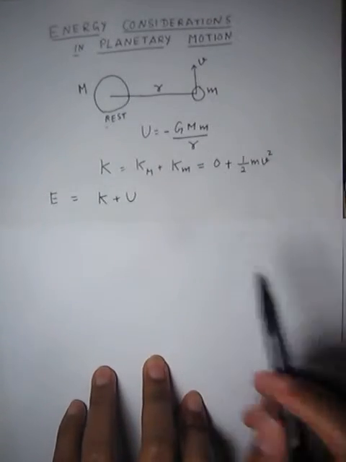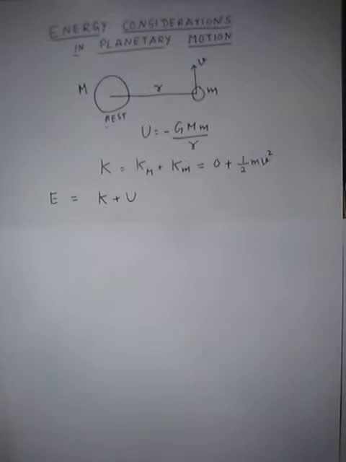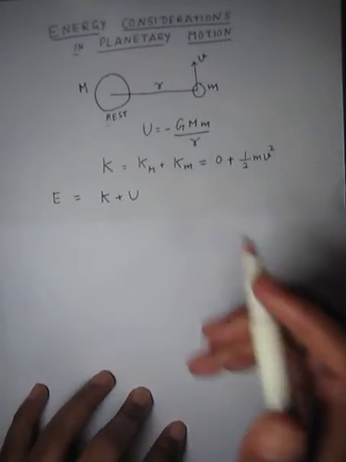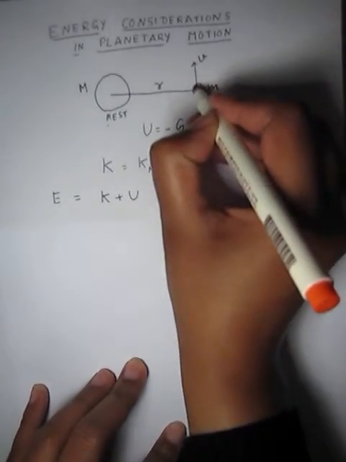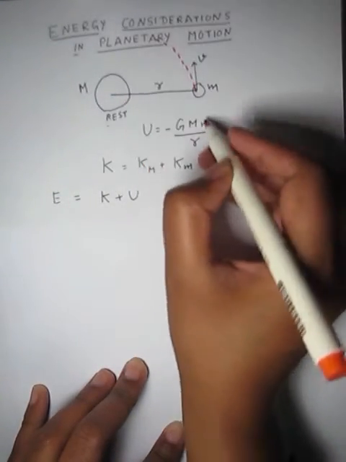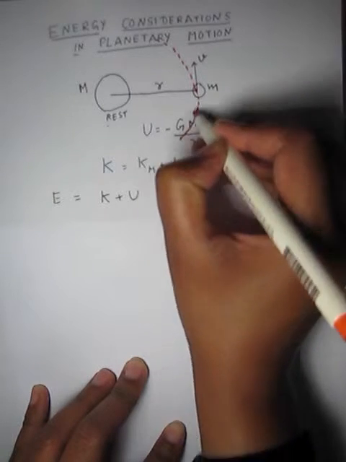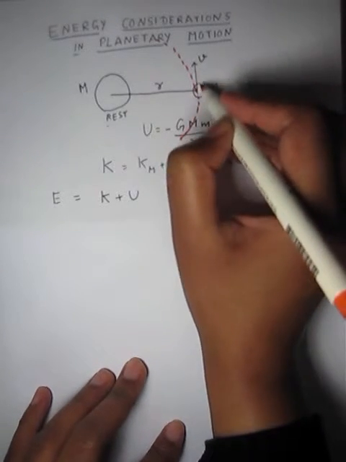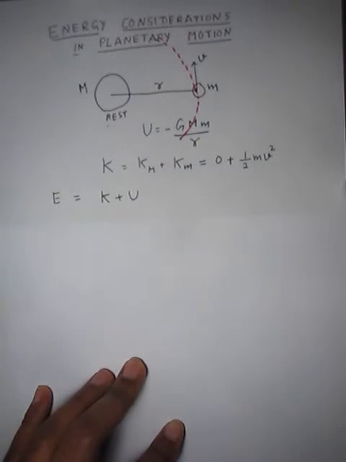In this case we are assuming that the mass small m is moving with some velocity v. Because in planetary motion the object will move in a circular path, let us assume that this object is moving in a circular path, and therefore at a particular point the velocity will be tangent at that point.